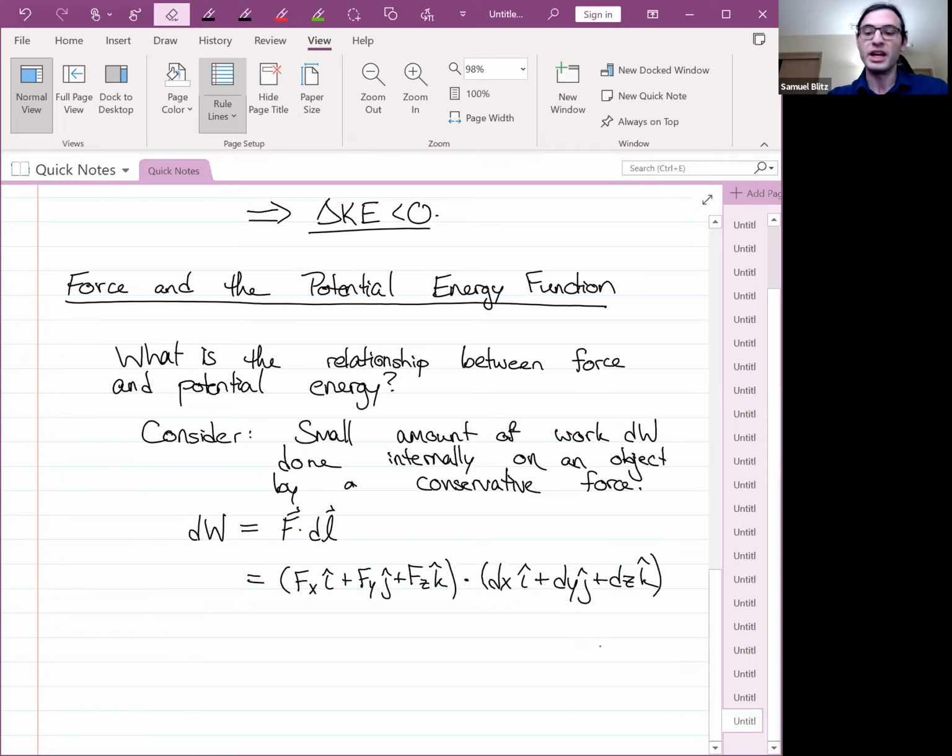This just tells you that it moves a little bit in the x direction, a different little bit in the y direction, and a third little bit in the z direction. Those could be 0 or they could be whatever. And so we can do this dot product. It's F sub x dx plus F sub y dy plus F sub z dz. It's just the normal dot product.